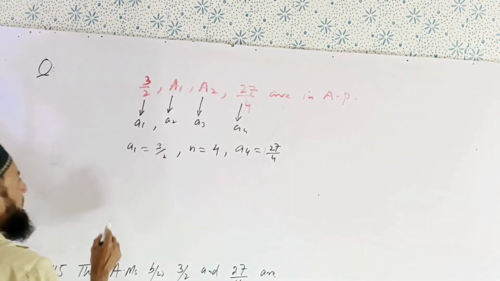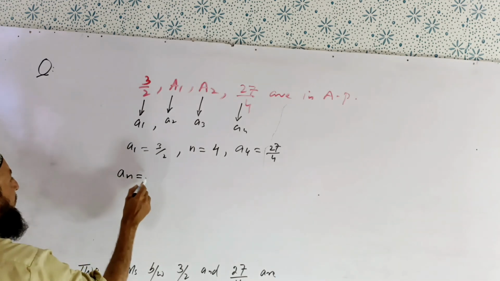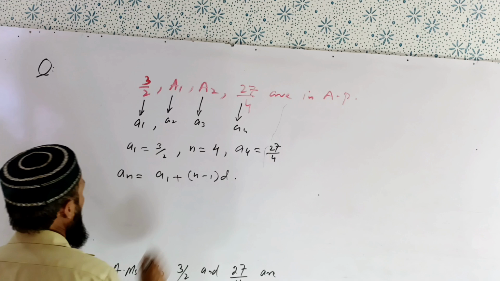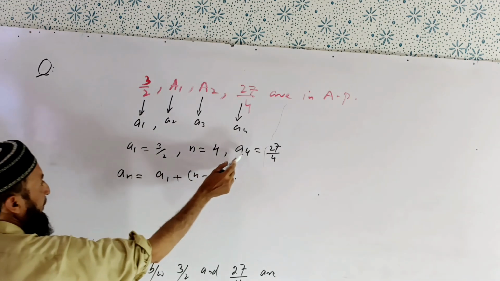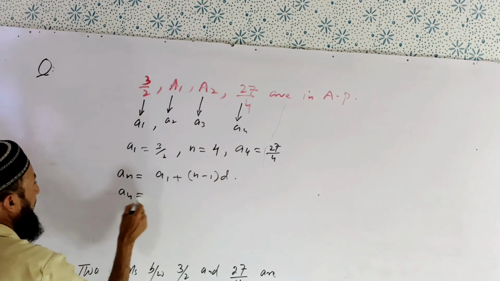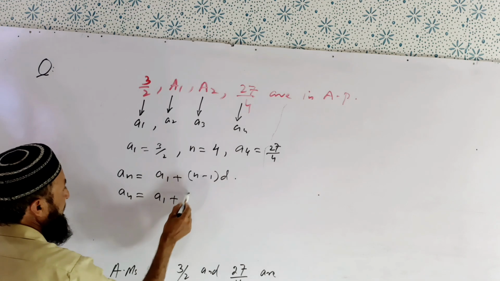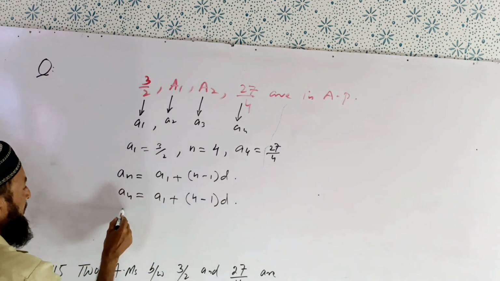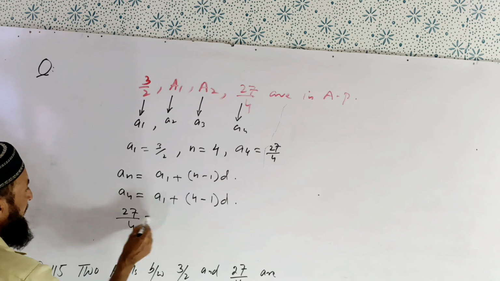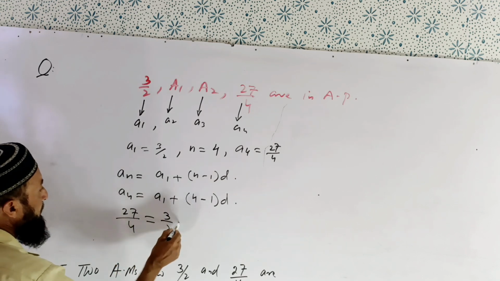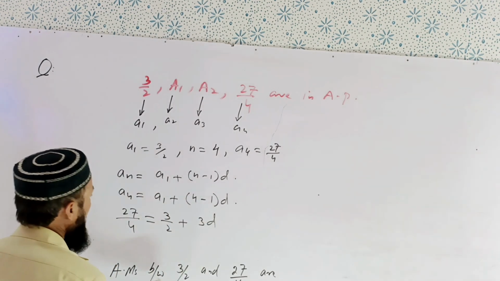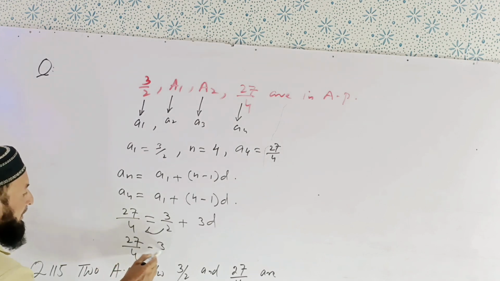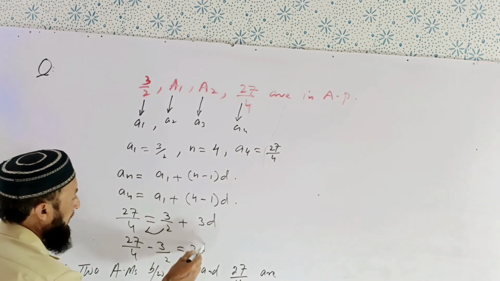So apply the formula, an is equal to a1 plus (n minus 1) d. First of all we put n equal to 4: a1 plus (4 minus 1) d. Here a4 is 27 over 4, which is equal to a1, 3 divided by 2, plus 3d. Subtract this value: 27 divided by 4 minus 3 divided by 2 is equal to 3d.